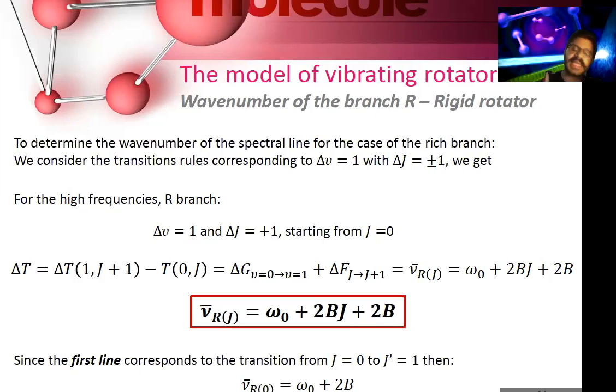You can go to the second place in the second row. So delta J equal plus 1, J starts at 0. So if we do the same calculation, we get the value of the spectral line in cm^-1. For the R band, each line is equal to ω0 + 2BJ + 2B.